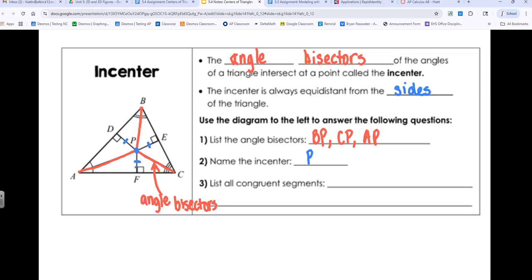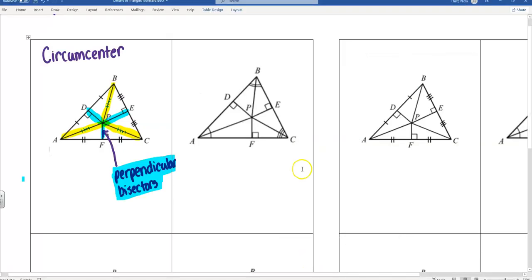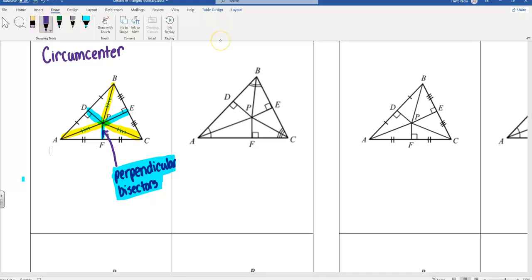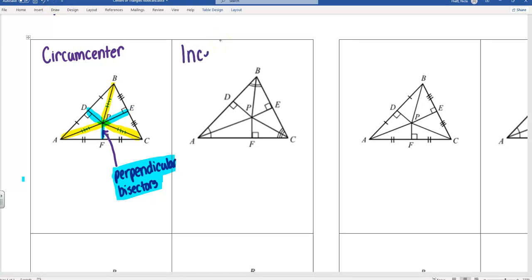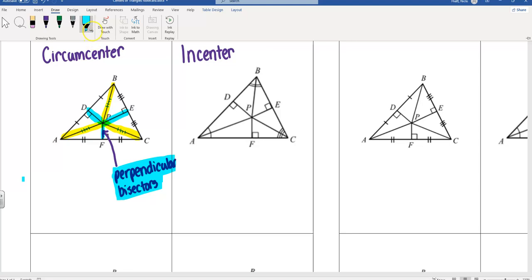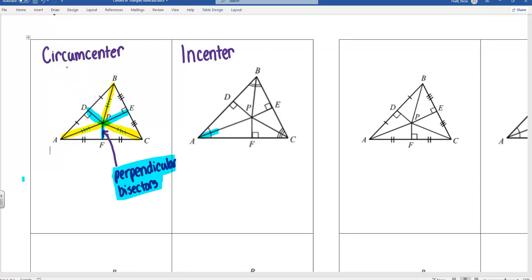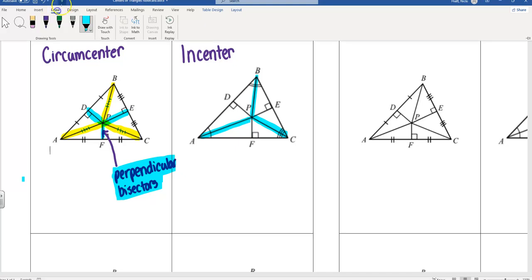Yeah, that'll be fine. All right, let's add that to our note card. So it is the second one here. I would label this my incenter. Let's highlight this line, and this line.